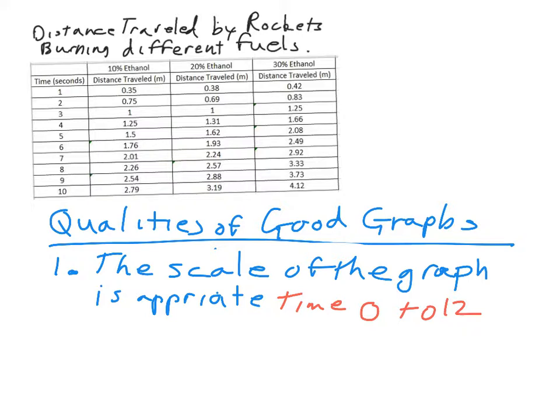Make that graph as large as possible, or even 0 to 15. You want to make the graph as large as possible, but you want to make sure that all your points are on the graph. That's why you wouldn't go 0 to 10. For example, if I gave you this data to plot, and I saw that you plotted time from 0 to 25, or 0 to 20 even, I would count it wrong.